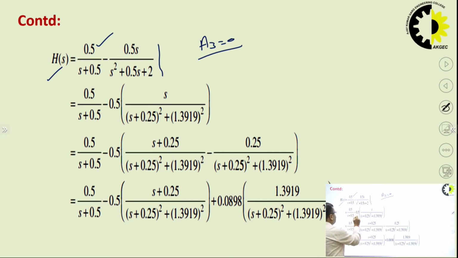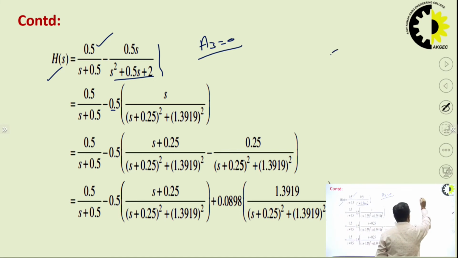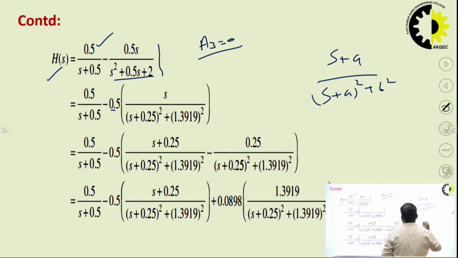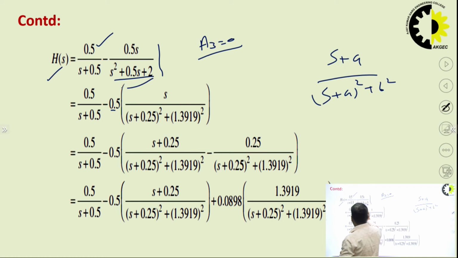So if you take the 0.5 common here, it will be s upon s square plus this. So what you can prepare here, you know (s plus a) upon ((s plus a) whole square plus b square). So this will be this type of equation.